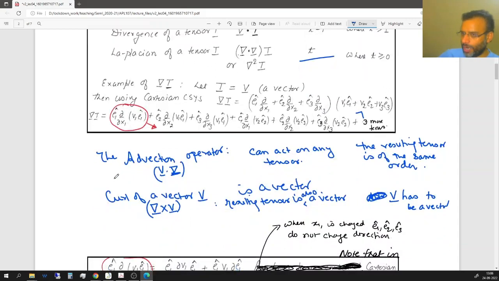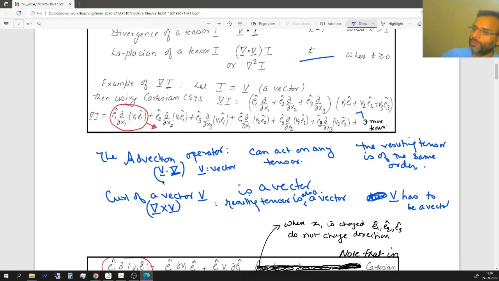There are two more operations that we will require in our fluid mechanics course. The next one is the advection operator, in which we first take a dot product between a vector v and the del operator. So v is a vector here.